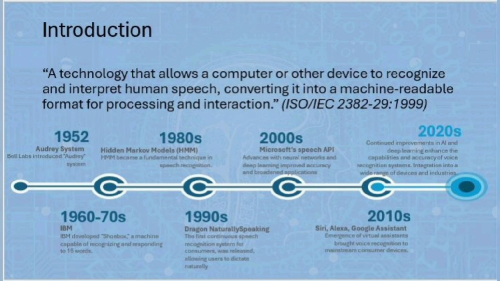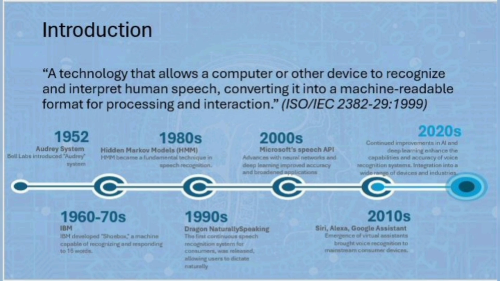In 1952, Bell Labs introduced the Audrey system. Audrey was capable of recognizing digits spoken by a single voice, marking one of the earliest attempts at voice recognition technology. In the 1960s to 70s, IBM developed Shoebox, which was a machine capable of recognizing and responding to 16 words.